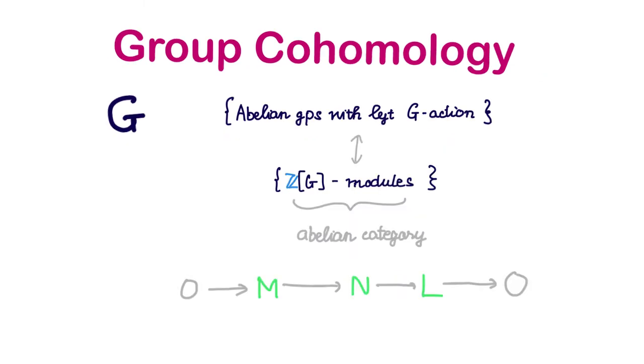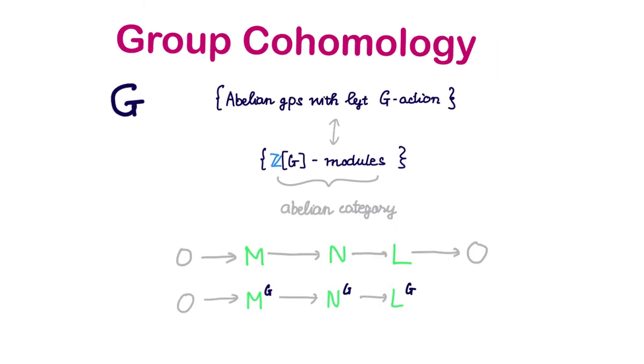In particular, in an abelian category, we have short exact sequences. Short exact sequences are a great computational tool because they allow us to deduce information about one of the terms from the other two terms. Now, one way of studying the group G is by looking at G-invariants.